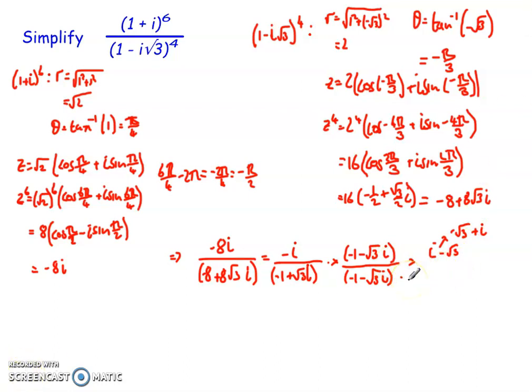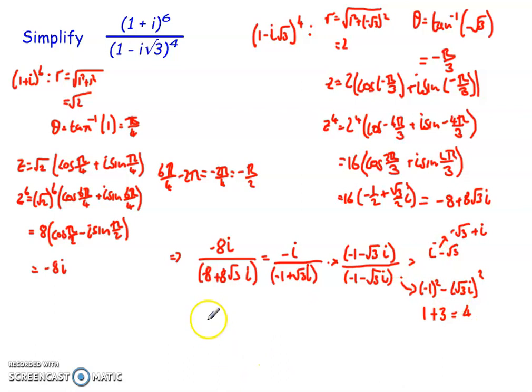For my denominator, what I'd end up using is essentially the same format as the difference of two squares. So I'd do negative 1 squared, take away the second part squared, root 3 i squared. So negative 1 squared is 1, take away root 3 i squared, so root 3 squared gives me 3, i squared gives me negative 1, so it's take away negative 3, so it's going to be plus 3, so I'm going to get 4.